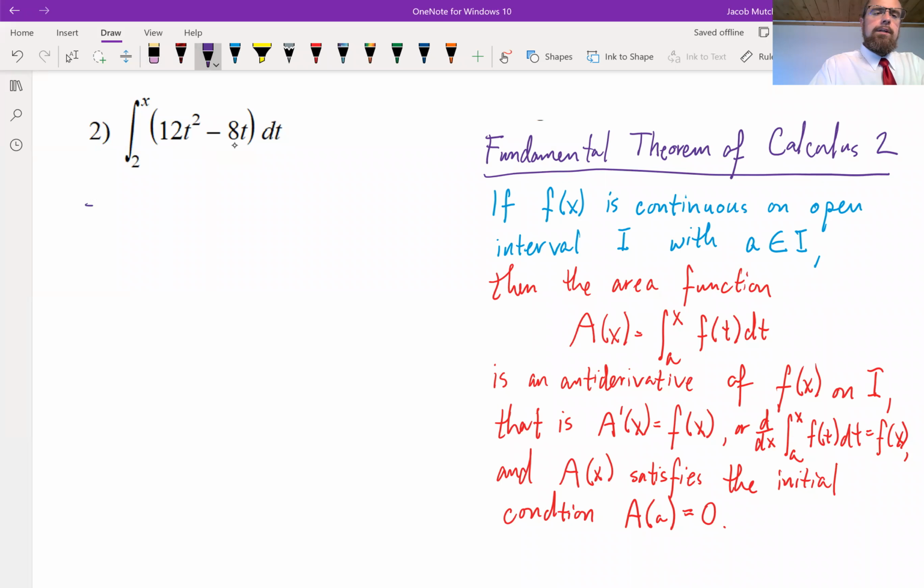Let's take a look at a trigonometric integrand. Here we have the integration from negative pi over 4 to x of secant squared theta d theta. So we'll jump right into the integration. I need to think about what would the antiderivative for secant squared of theta be.